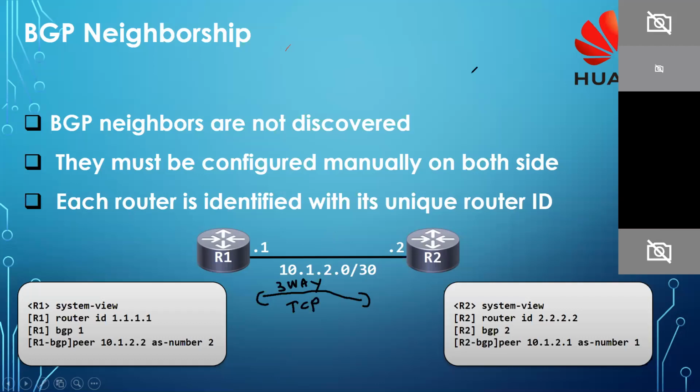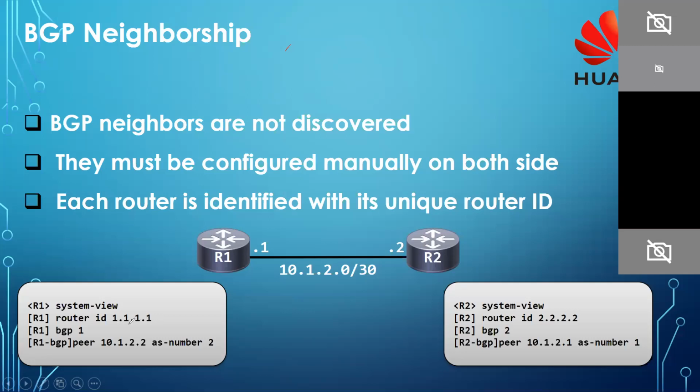This router ID can be set manually with this command. In the system view, you type router ID and you specify the router ID. The rule is similar to OSPF. If you type the router ID manually, the router will use this router ID.